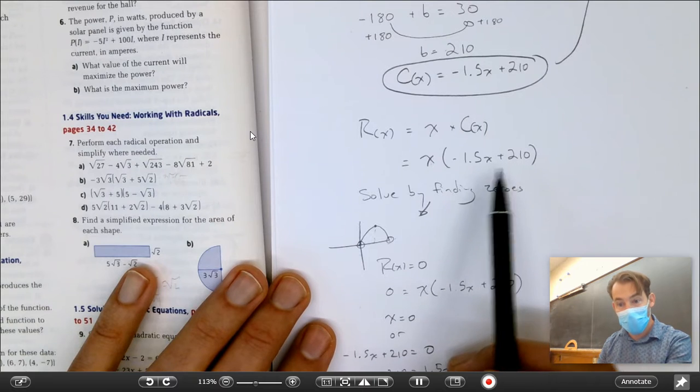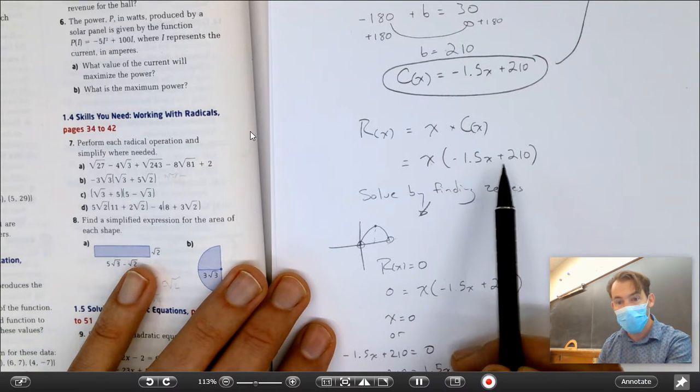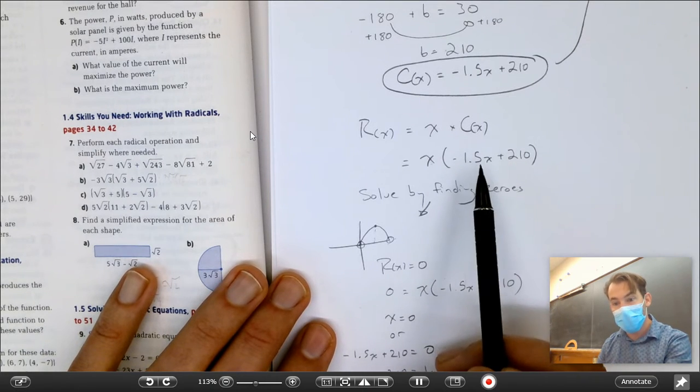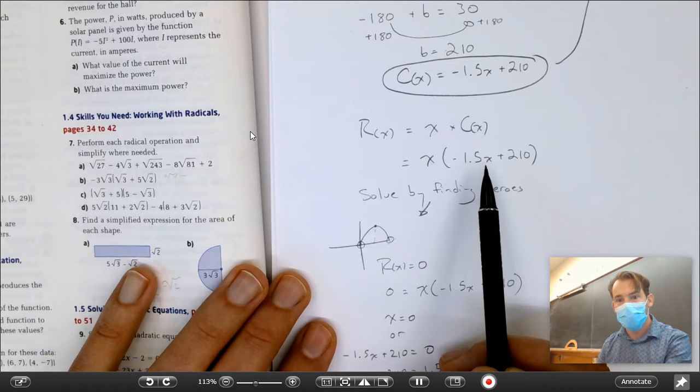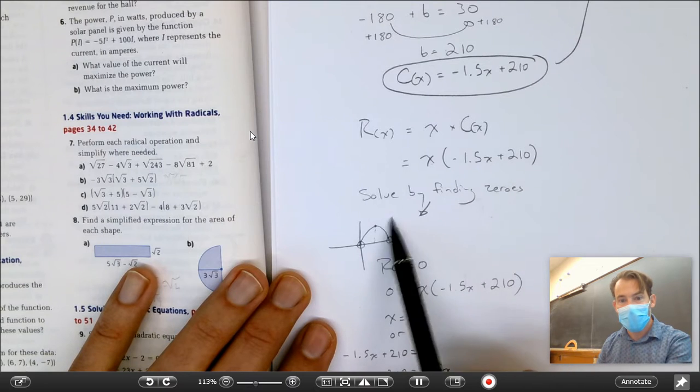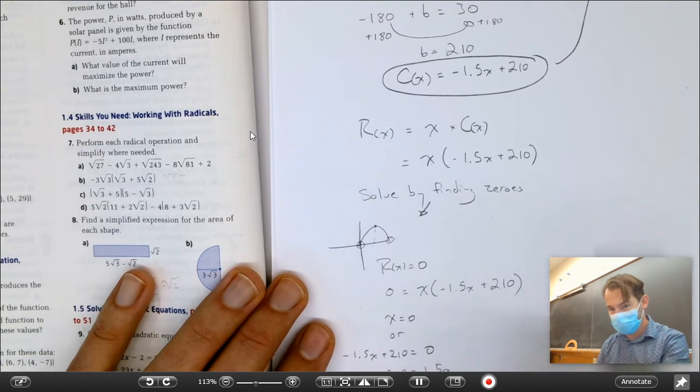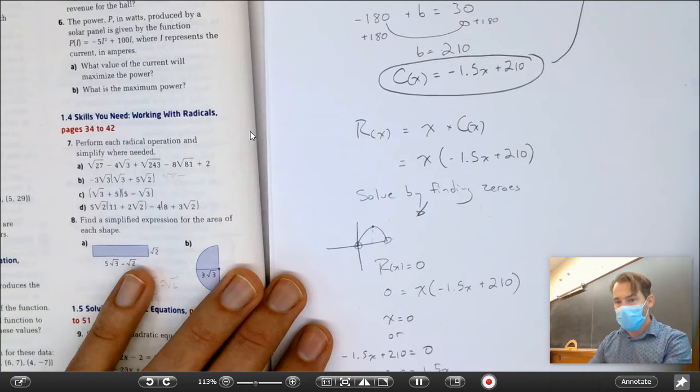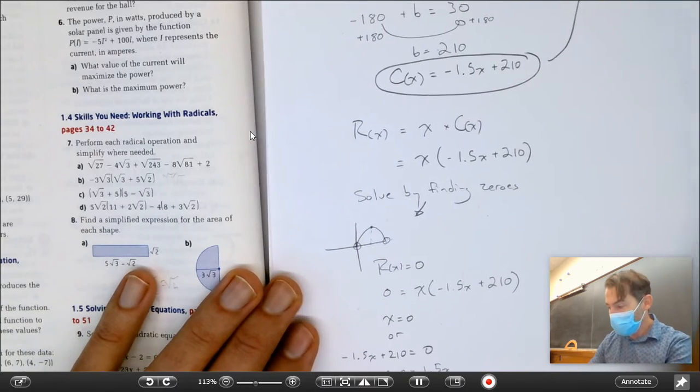So the total cost per person is 105. So $105 is what people are paying when they come, and then I multiply that by x, which gives me 70 people. Okay, so that's one way to solve it.